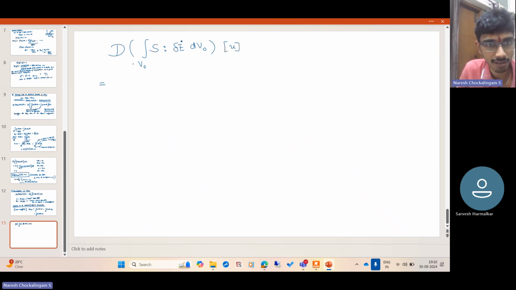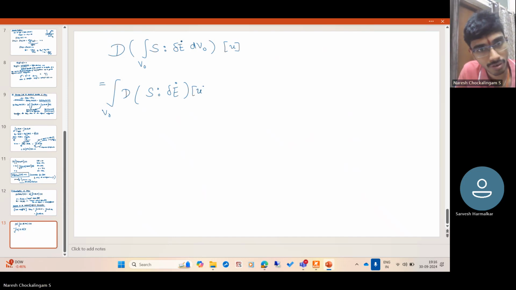Now, this volume is independent of the deformation, so you can take the directional derivative inside. So it's the integral over the volume of dS double dot del E dot dv naught, in the direction u. Now we can use the product rule.